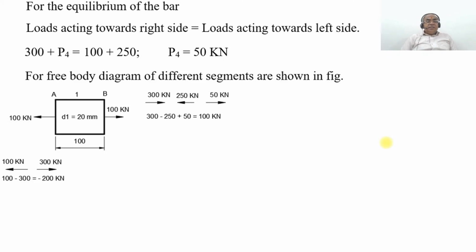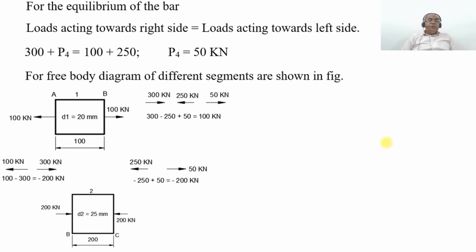Similarly, on the right end, we have 250 acting toward the left and 50 acting toward the right, so minus 250 plus 50 will be equal to minus 200 kilonewton. Since the left hand side is minus 200 and the right hand side is also minus 200, the segment BC will be compressive in nature, carrying a compressive load.